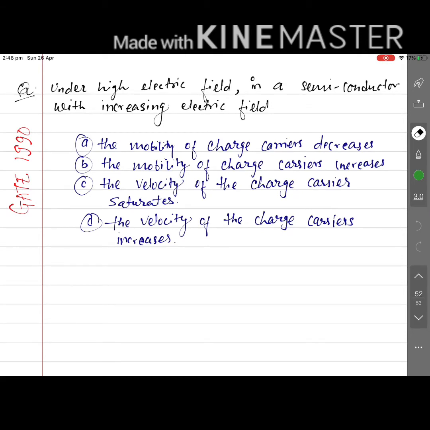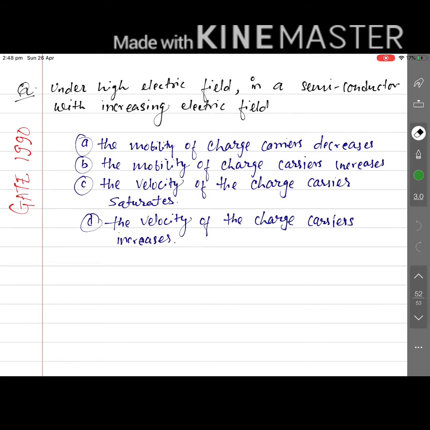So the question which was asked was, under high electric field in a semiconductor with increasing electric field, and the options were A, the mobility of charge carrier decreases, B, the mobility of charge carrier increases, C, the velocity of charge carrier saturates, and D, the velocity of charge carrier increases.